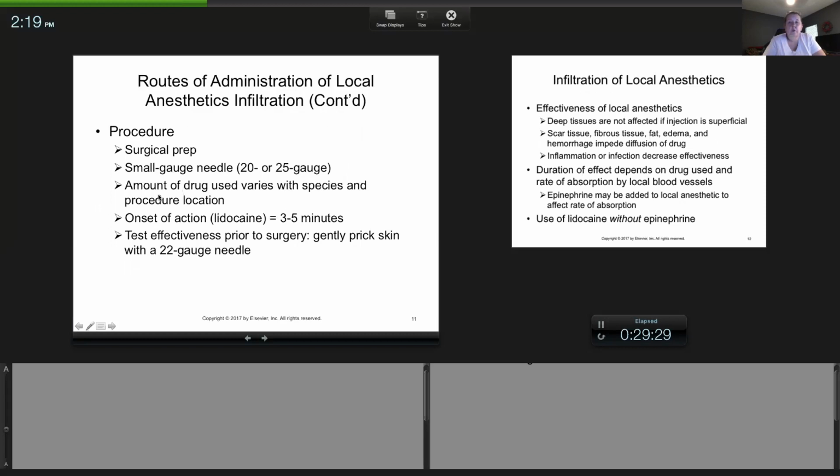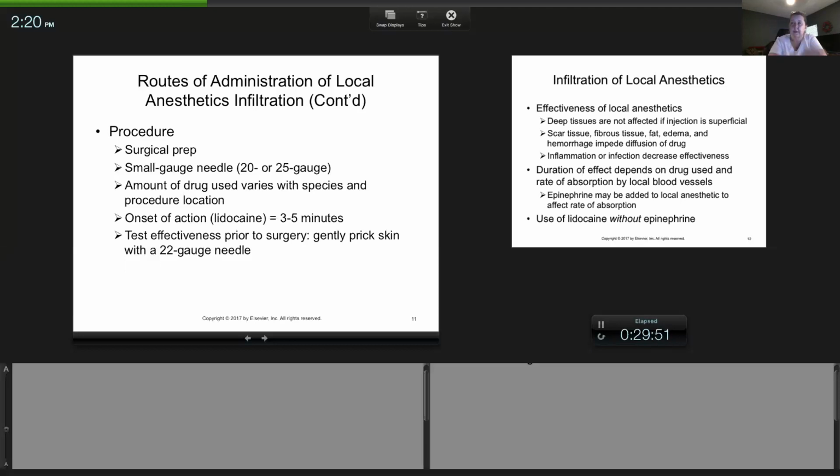The amount of drug will depend, and also the location, but I want you to put a note by the amount of drug, because every time you work with local anesthetics, you need to calculate your patient's maximum dose. Every patient is going to have a maximum amount of lidocaine you can use.